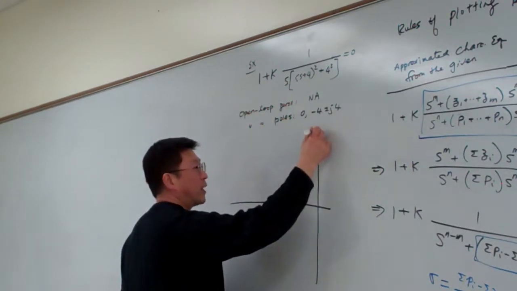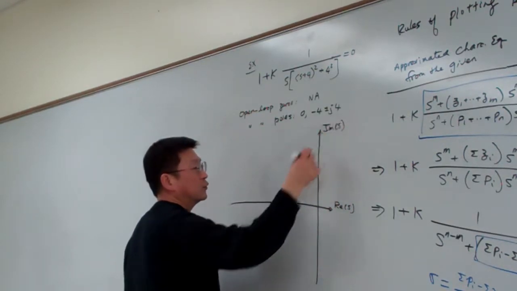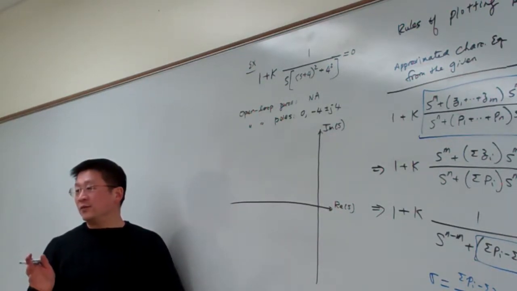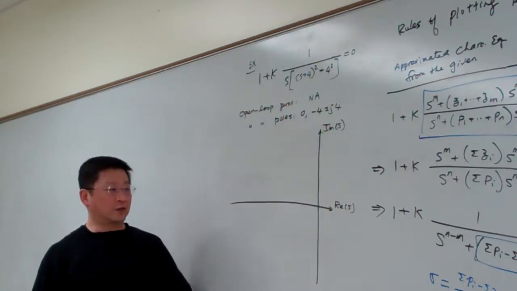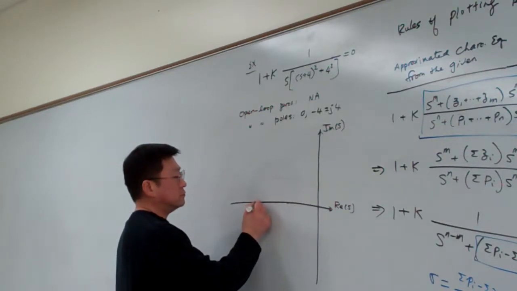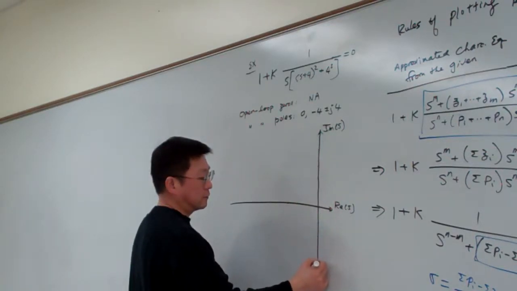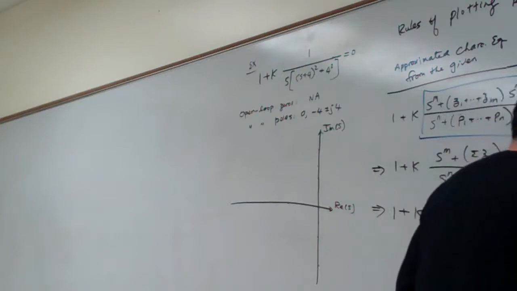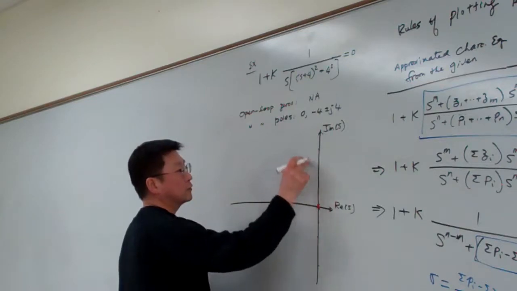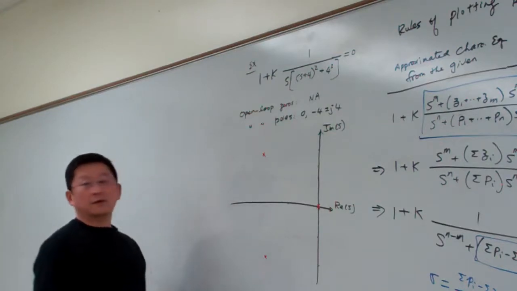When you plot by hand, a good exercise is to try to plot it to scale at your best. Otherwise later on you are going to mess up the orientations. So here 1, 2, 3, 4, and 1, 2, 3, 4, and the poles are here and here.